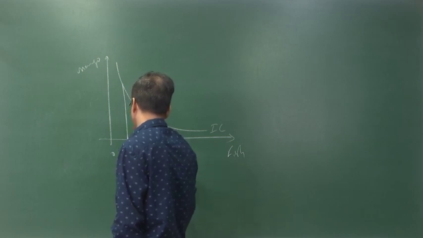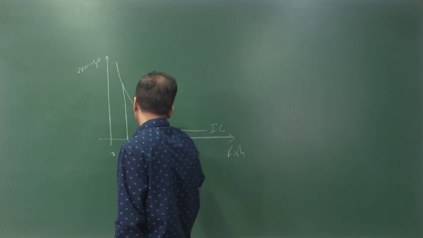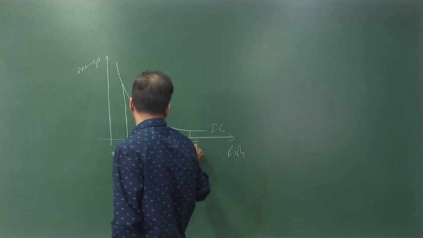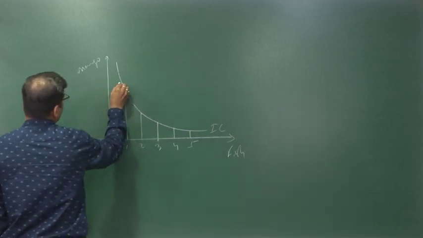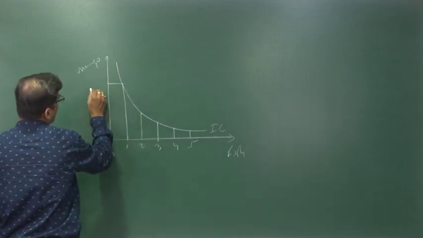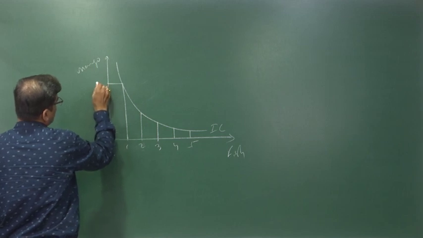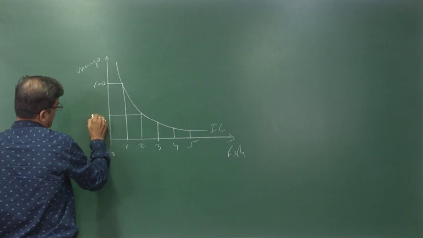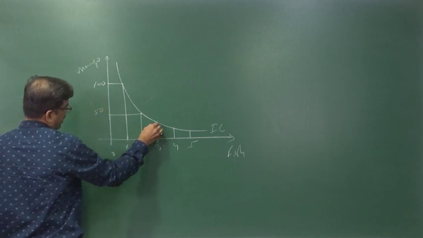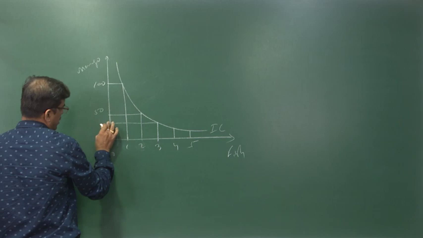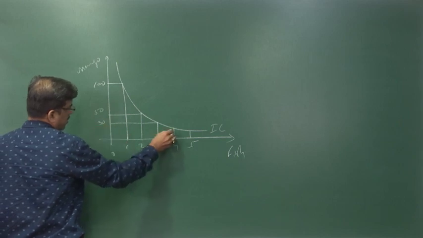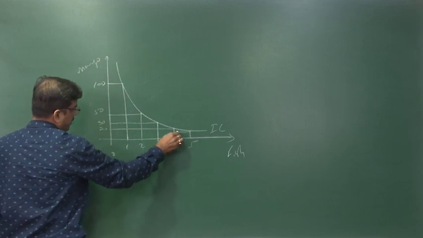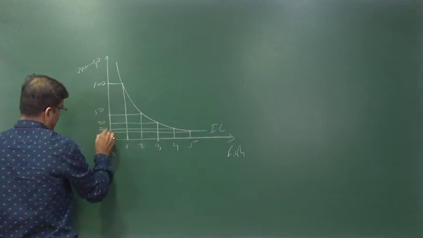Let us take 1, 2, 3, 4 or 5. On this side, you can consume mango, for example 100, in this case let us say 50, here 30, here 20, here 15.